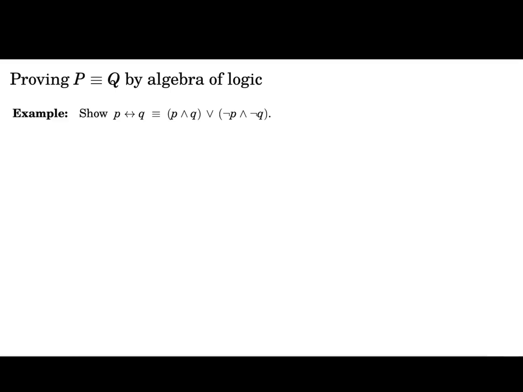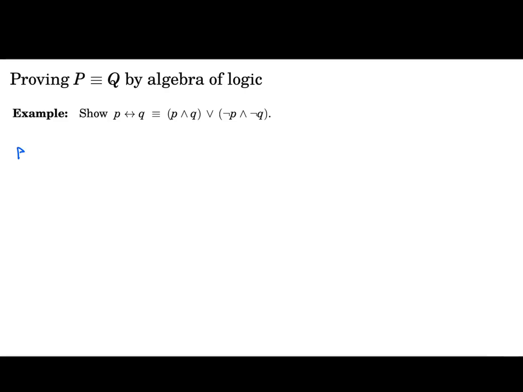Here we will show how to do it with an algebra of logic by using logical rules that we have established already. Okay, so let's start by writing the left-hand side.